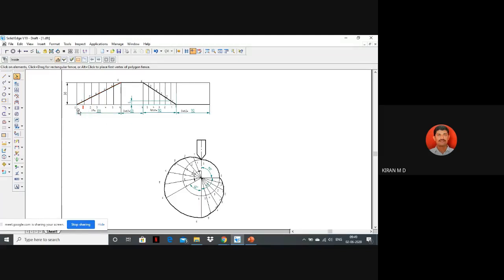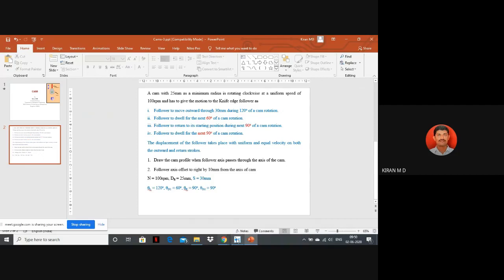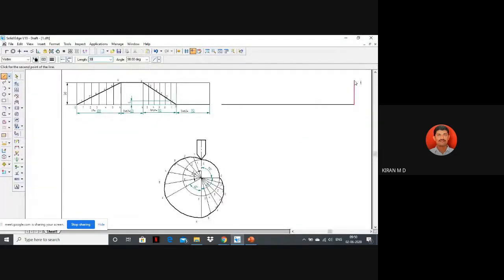For 360 degrees, we will consider the scale. As I told you in the previous class, we consider 1 mm equal to 2 degrees. By considering that, we will draw a 180 mm line. What is the stroke he has given? The stroke is 30 mm, so draw a 30 mm height.